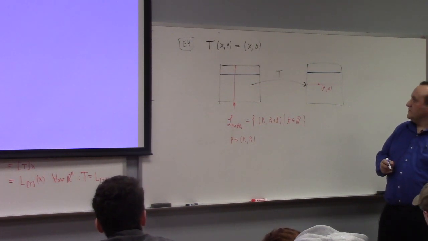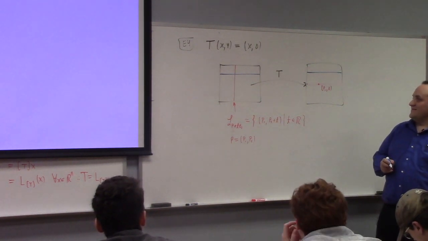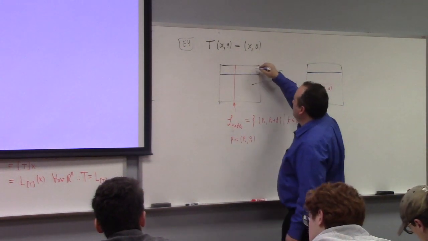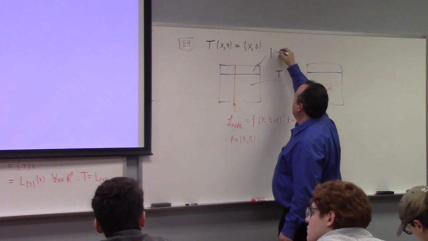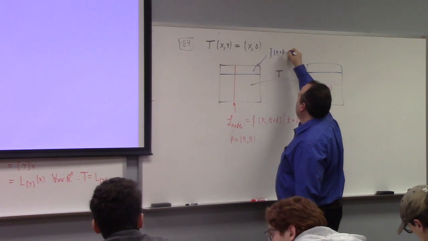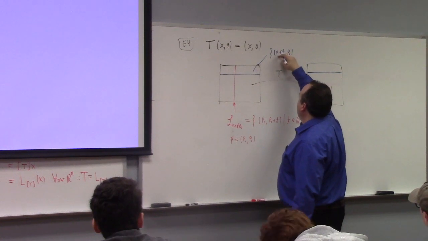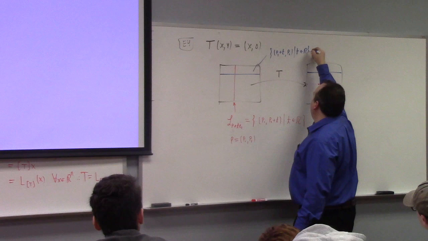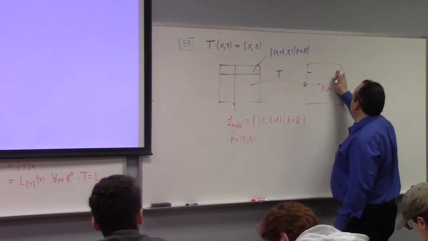Well, that's not true either. What happens to the horizontal line? It's kind of dumb. So this one would be (P1 plus t, P2). What happens to that one? It gets shifted to the 0. Yeah, exactly.